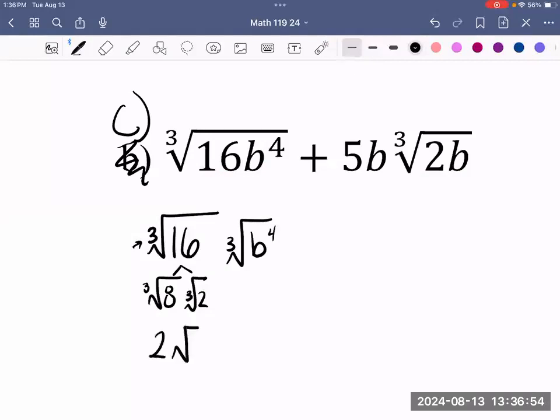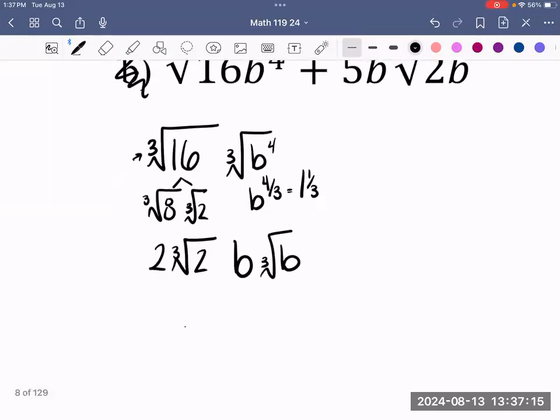So you have 2 times the cubed root of 2, and b to the 4 over 3. How many 3's can make up a 4? 1 and a leftover. So b and the cubed root of b.